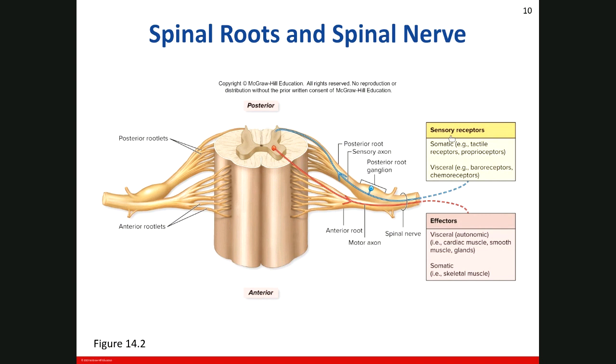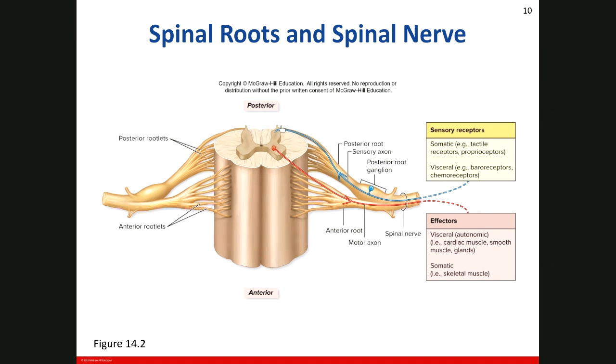The sensory information which goes to the dorsal horn of your spinal cord has a name. We call them the posterior or dorsal root. All of them bring senses to your spinal cord. The senses come to your spinal cord by these posterior roots.